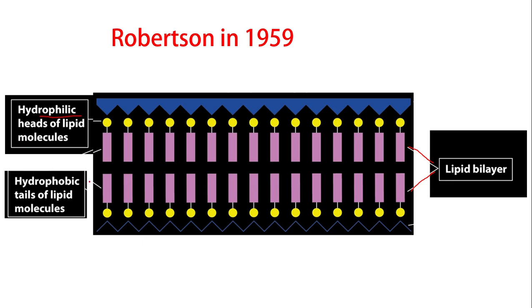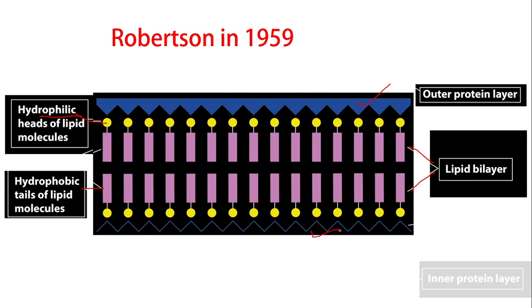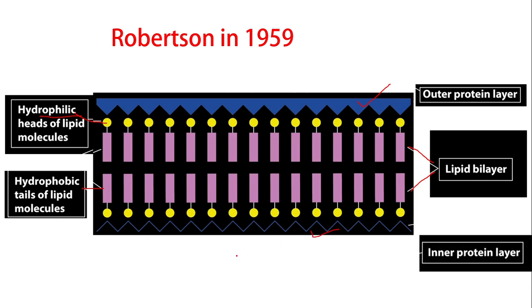So these yellow portions are hydrophilic and these purple ones are hydrophobic. But what is the difference between the Davson-Danielli and Robertson models? It is on the basis of the layers of protein molecules. This is the outer protein layer towards the extracellular fluid, and this is the inner protein layer towards the cytoplasm. You can see that both protein structures are drawn differently. They are based upon the difference in the type of the outer and inner protein layer.